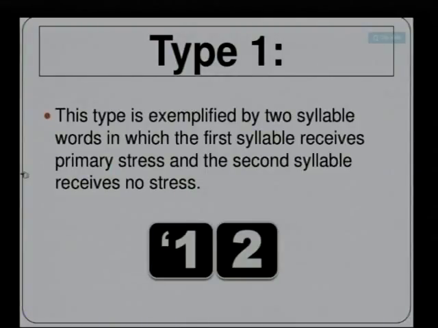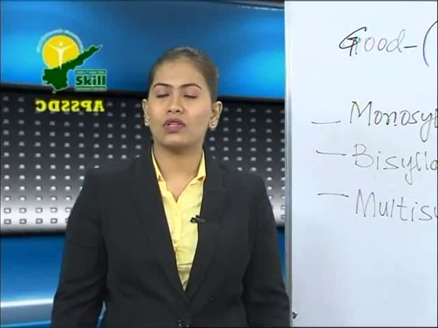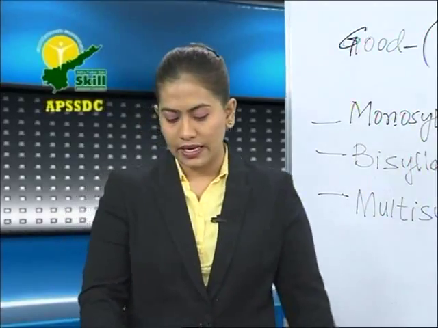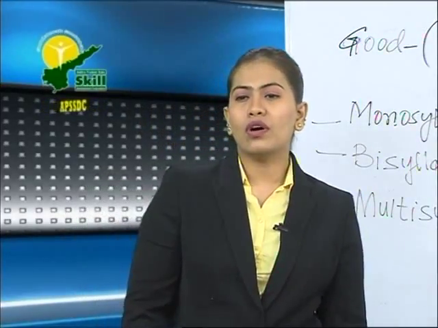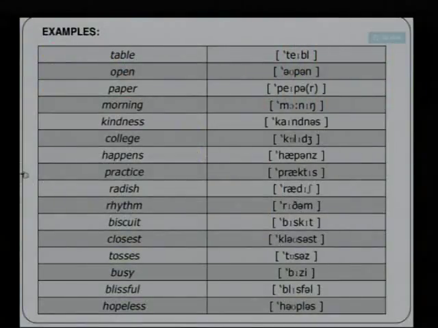Like we have already discussed, primary stress is where the complete stress is given in a word, and secondary stress might take a partial stress or might not take a stress when you are pronouncing the word. So this is something to identify. Then moving on, let's look at these examples.